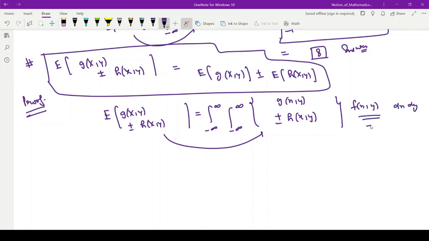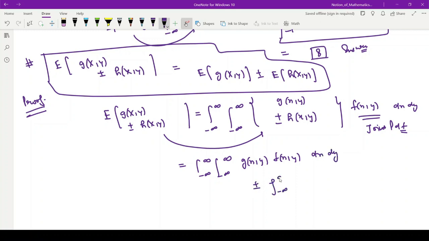I mean to say this is the joint probability density function, and this double integration is distributive, so we can easily distribute it: the double integral of g x y f x y dx dy, plus or minus the double integral of h x y into f x y dx dy.